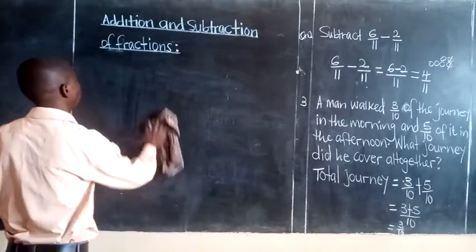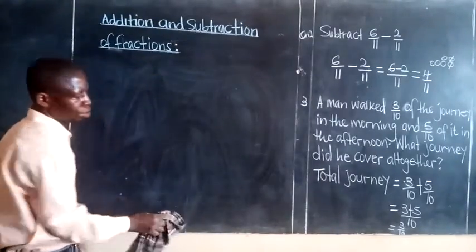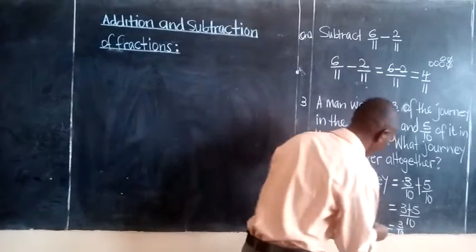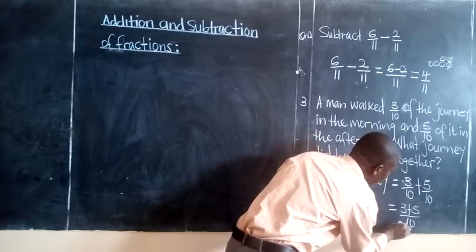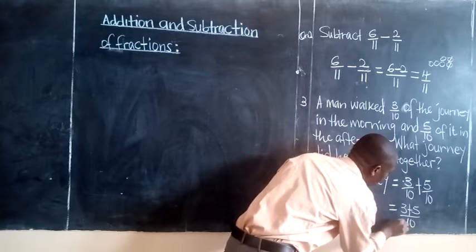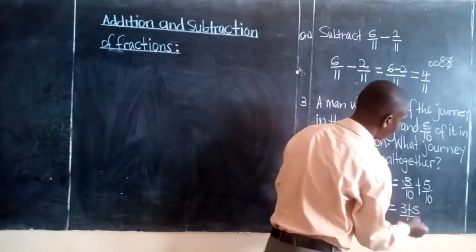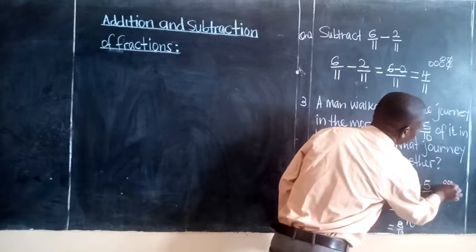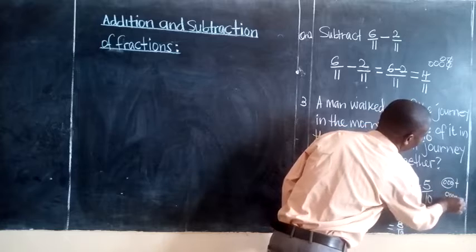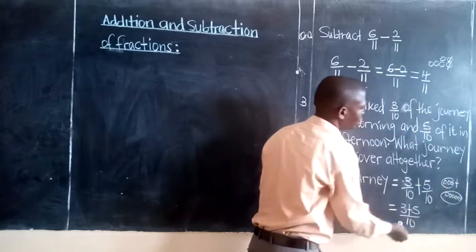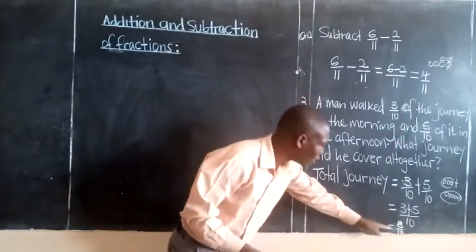Is that 3? No. This is 8. Please, this one is supposed to be 8. We are not subtracting, we are adding. So it is 8/10. We have 3, then we are adding some other 5. So when you combine this and that, you will realize that you have 8. 1, 2, 3, 4, 5, 6, 7, 8. So the answer is 8/10.